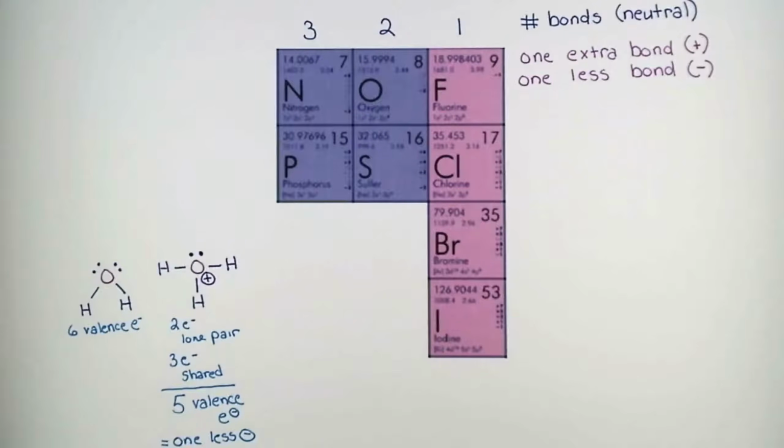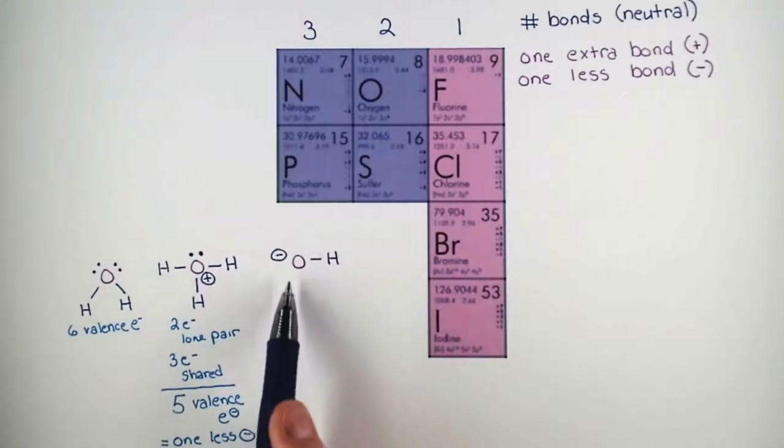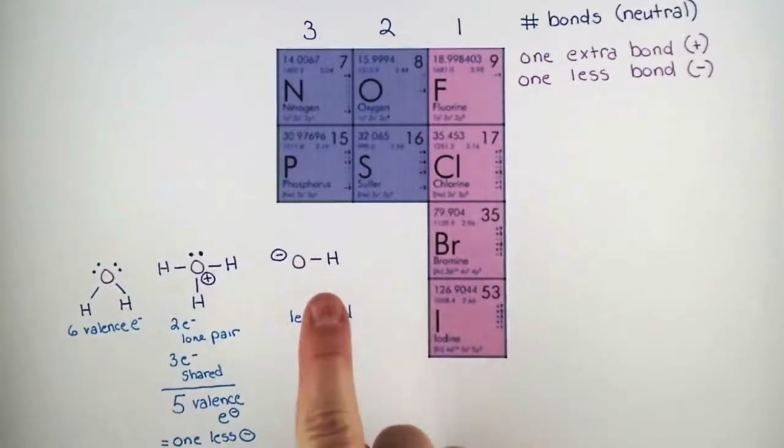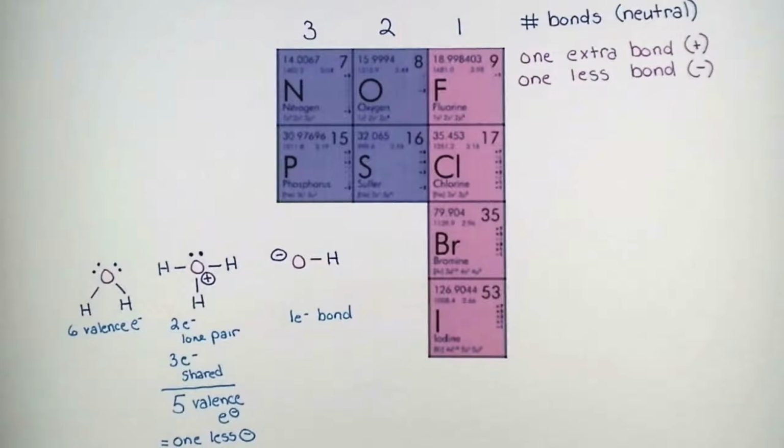All right, so we looked at an example where oxygen is making 3 bonds, 1 extra bond, and therefore has a positive charge. Let's look at an example where it's making 1 less bond and has a formal negative charge. Hydroxide is a deprotonated form of water that exists in basic solutions. Let's count electrons. We have just 1 electron coming from the bond to hydrogen.